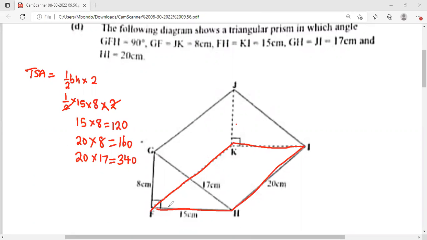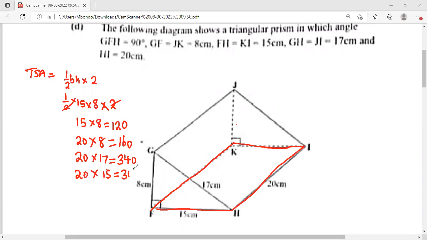What is this one? You will discover that it is also 20 multiplied by 15. 20 multiplied by 15, which is equal to, what do we get?